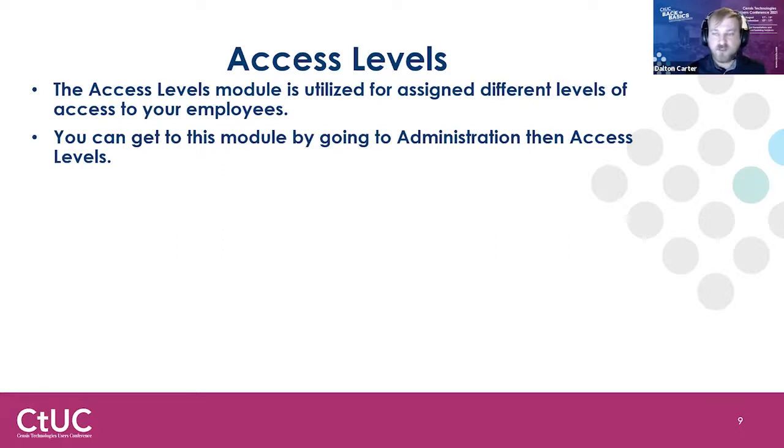That way they don't have the option to go in and select it. That way you're able to limit confusion and possible user error. You can get to this module specifically by going to administration and then access levels.